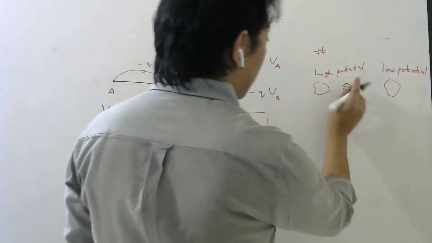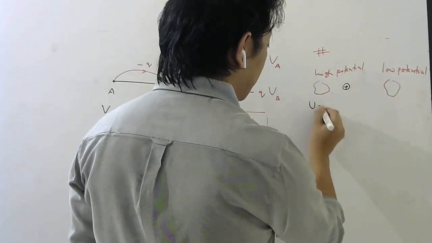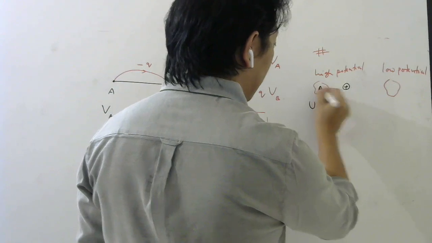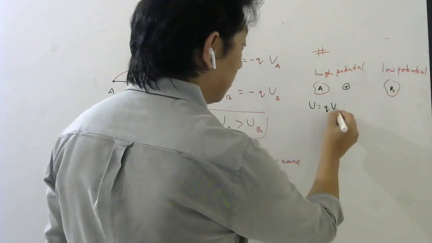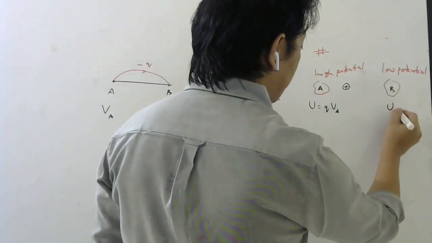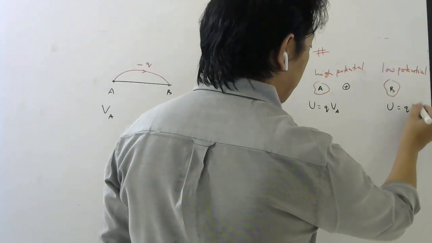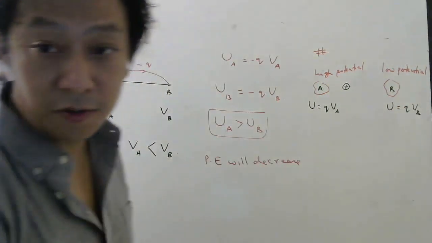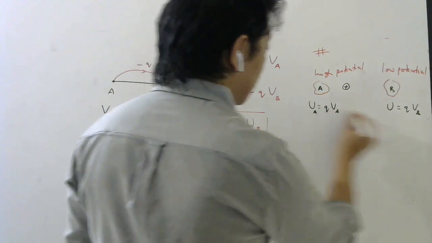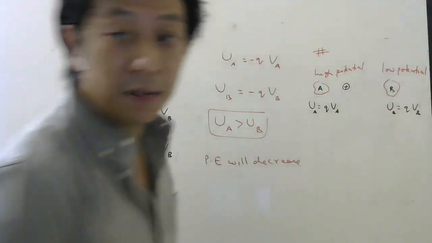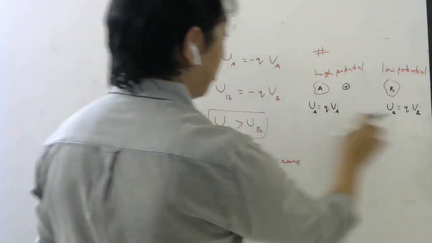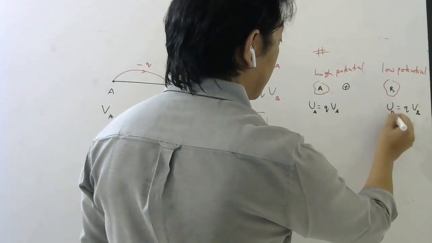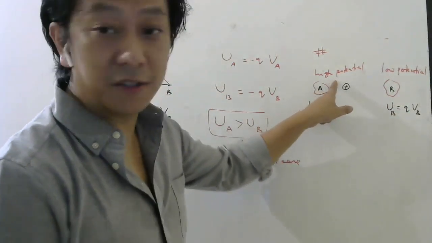Here, if I keep this charge here, what will be potential energy? Let us say this is A, this is B. Q into VA. Here what will be potential energy? Q into VB. Yes or no, students? So this is UA, this is UB. Now this time your Q is positive, not like this problem. So I said this is high potential region.